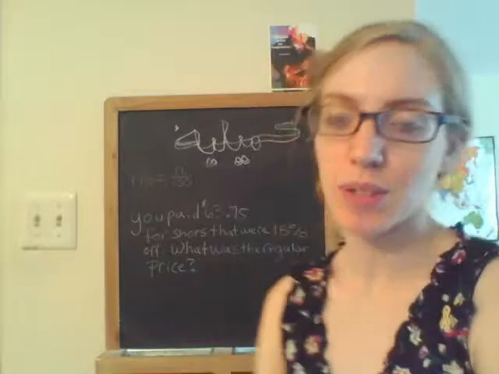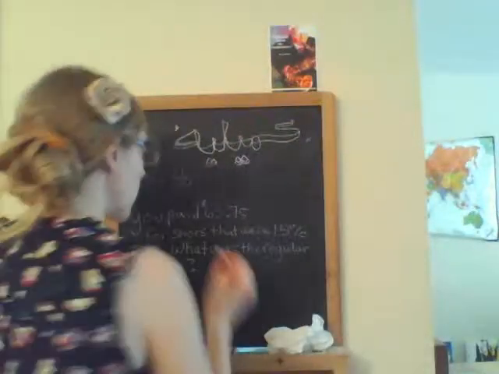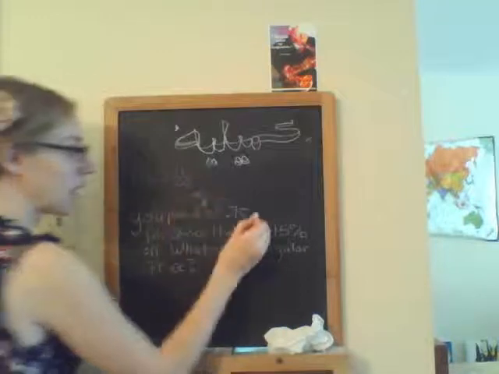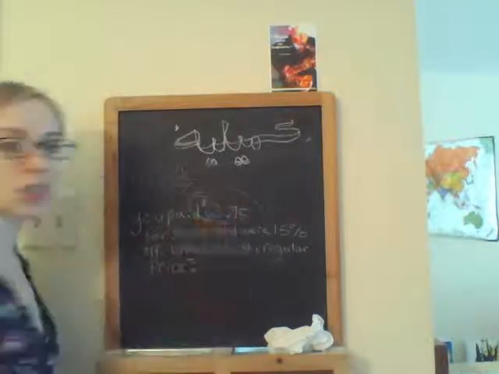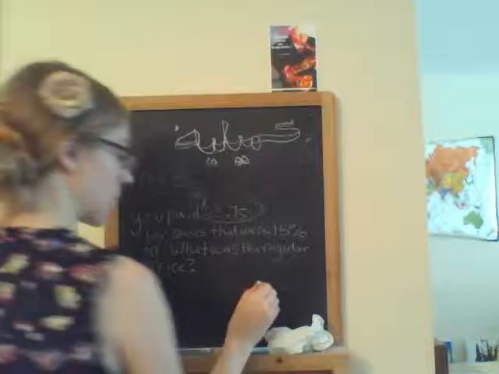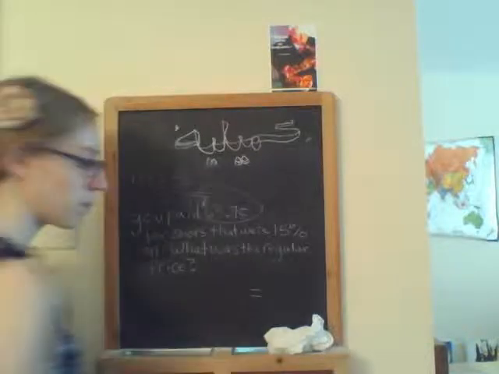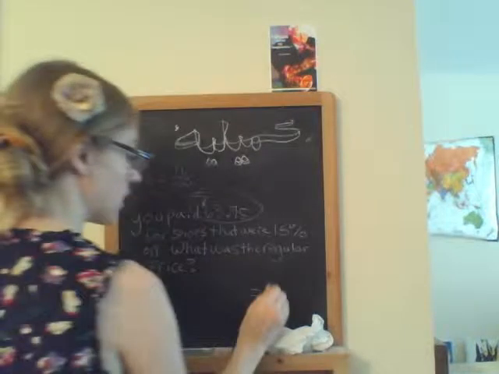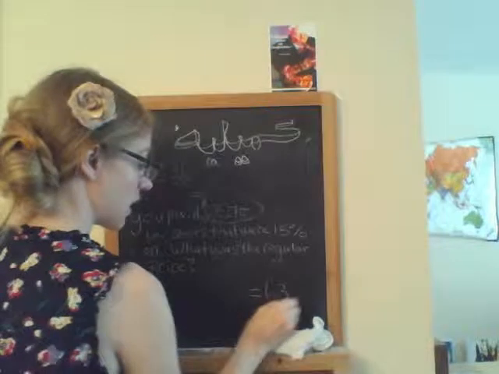Well, let's go ahead and try to make an algebraic expression with this number here. So we know that what we paid here was $63.75. So I'm going to put my little equal sign here, $63.75.